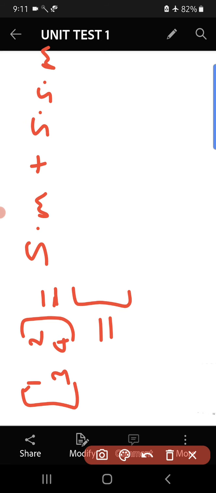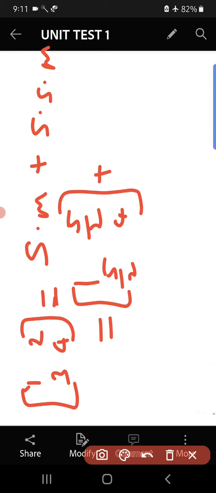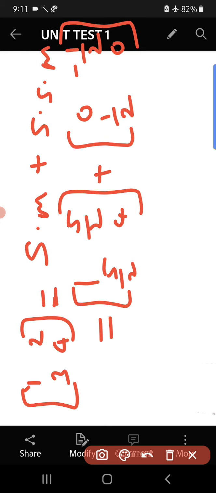Now the given matrix 1 2 3 4 can be written as, as I told in the beginning, the sum of a symmetric matrix and a skew symmetric matrix. So what is the symmetric matrix I got? 1 5 by 2, 5 by 2 4 plus the skew symmetric matrix 0 minus half, half 0.